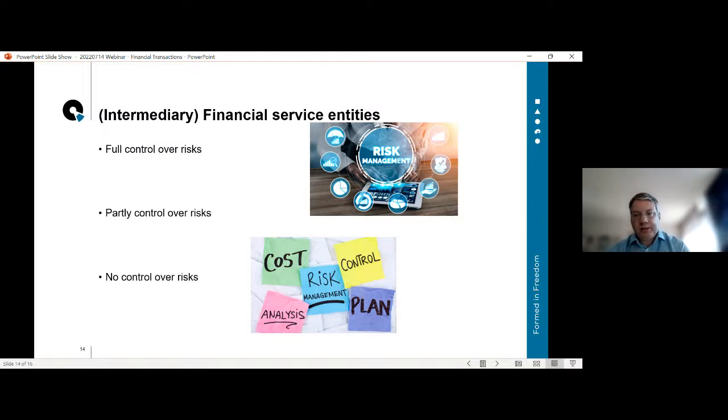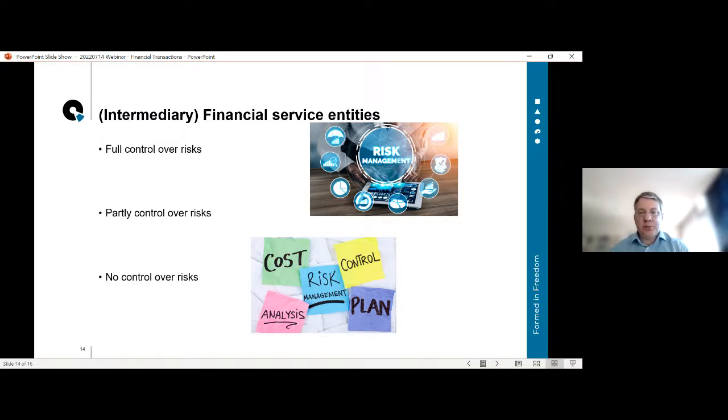And in that case, according to the decree, you can split the remuneration between those groups.